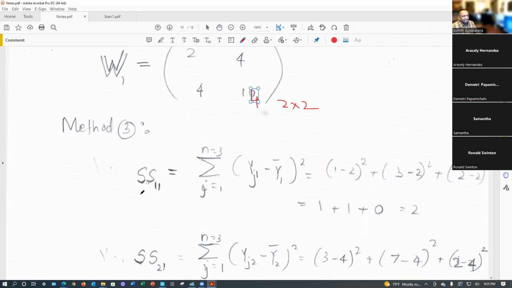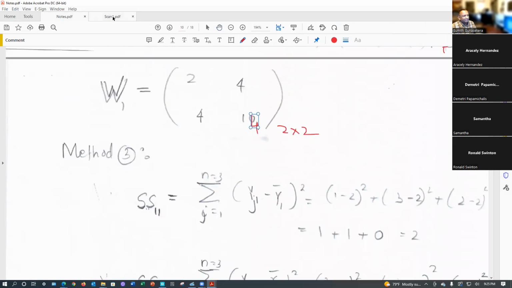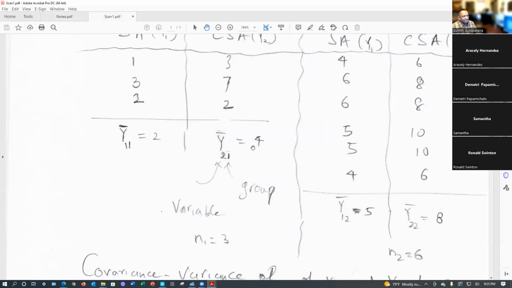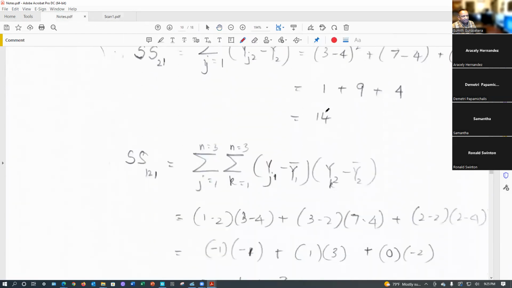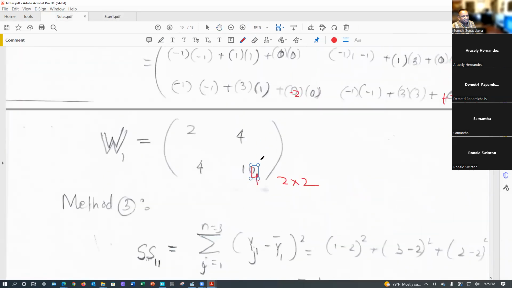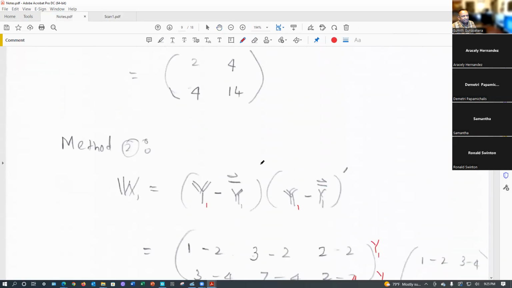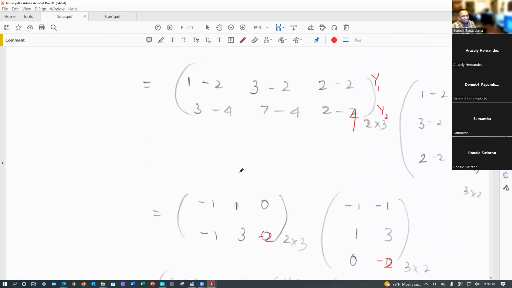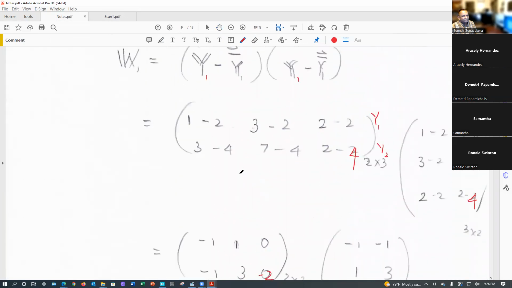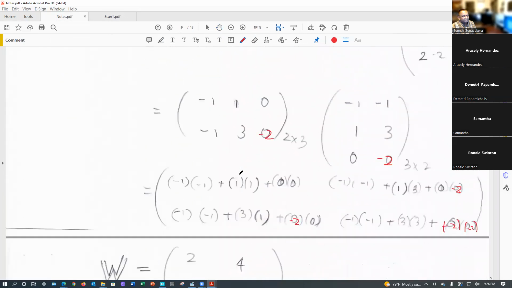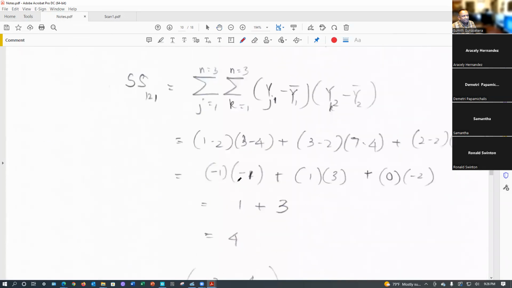In a similar fashion for the second one, you can do 3 minus 4 squared plus 7 minus 4 squared plus 2 minus 4 squared, and add them up. That would give you this one, 14. Early in this method, you have a 14. 2, 4, 4, 4, 14.